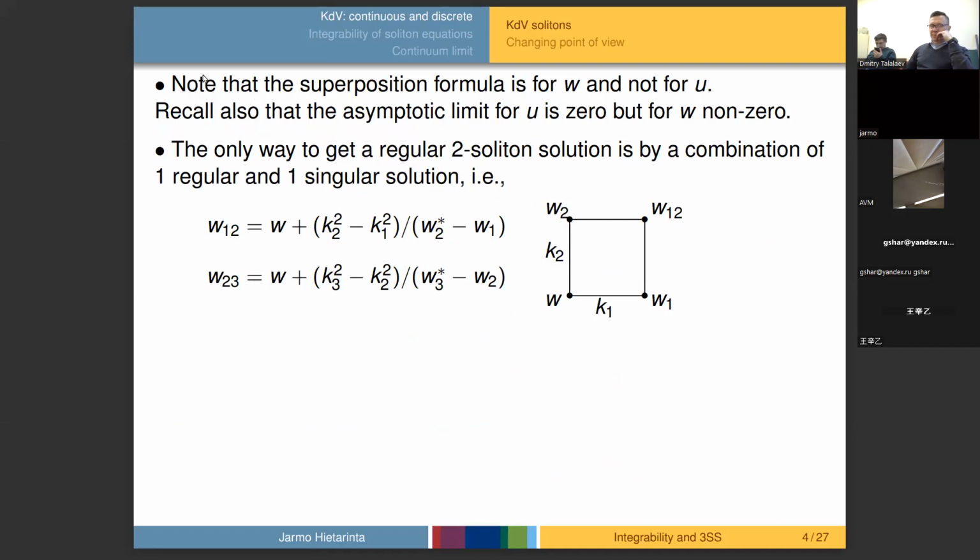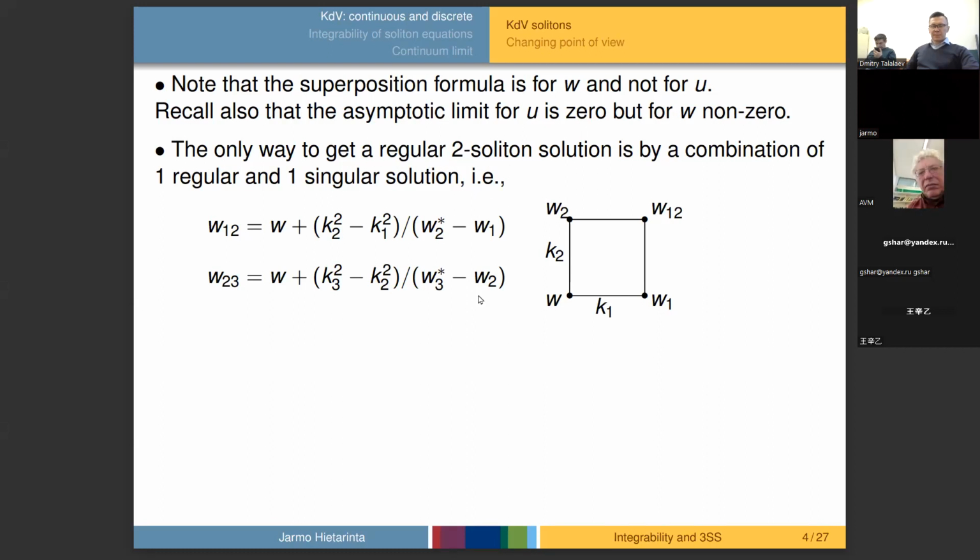So one thing to note is that the superposition formula is for W and not for U. So we need the potential KdV equation. Related to this is that the asymptotic limit of U is 0, but for W it's non-zero.